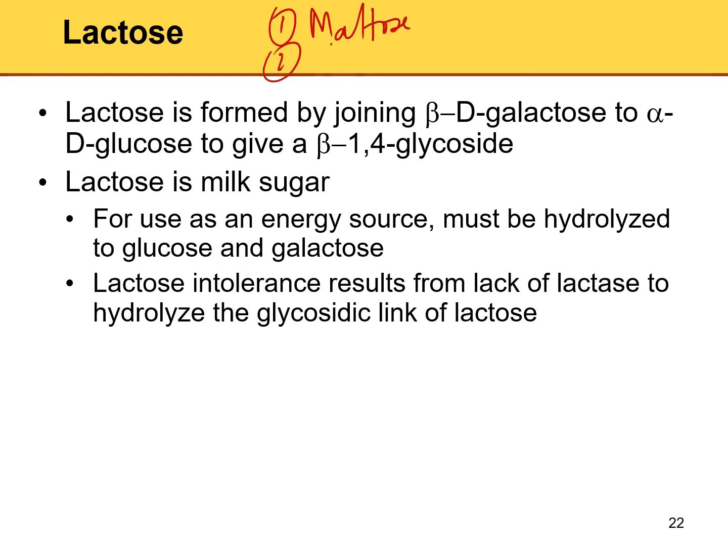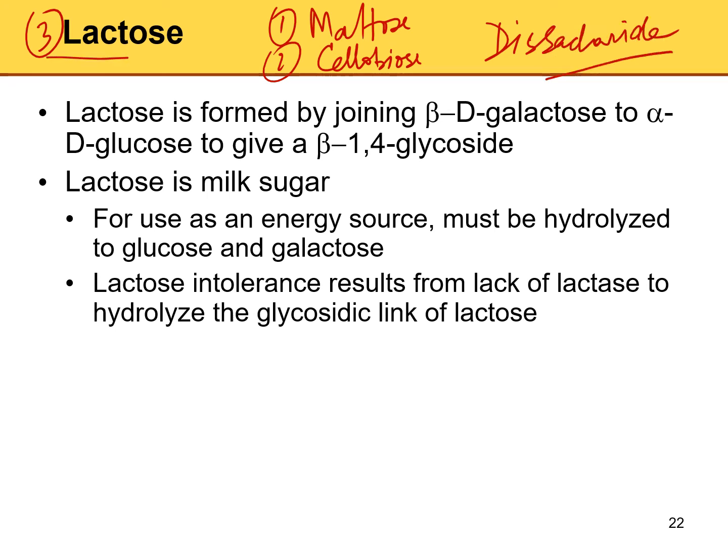Then we talked about cellobiose as number two. Now the number three disaccharide we'll talk about is lactose. So lactose is formed by joining of beta D galactose to a glucose unit. So beta galactose to an alpha glucose, and again it's a beta 1,4 glycosidic bond.